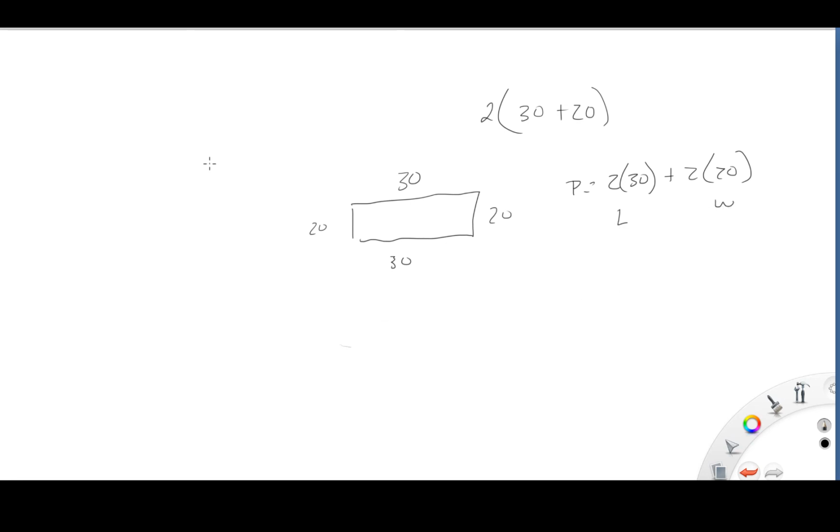Okay, so either way we solve this, it's going to come out to the same number. We should get 100 here, and we should get 100 here. And again, 2 times 30 is 60, 2 times 20 is 40, and we've got 60 and 40, and we see that both are exactly 100. So not too hard here when we see this.